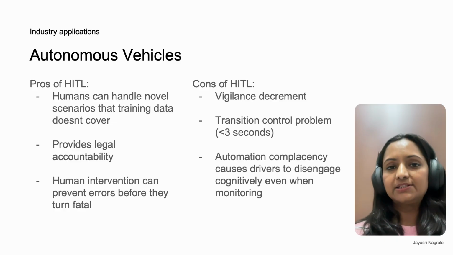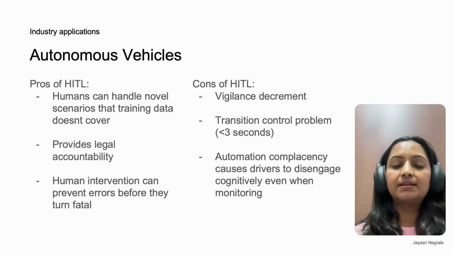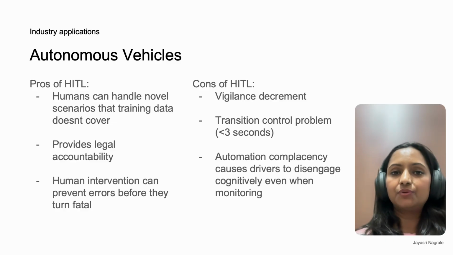The second problem is the transition control. Let's say that AI is driving, and there's also another research that shows that for a human to come in and fully understand what's happening, and get into that literally driver's mode, will take anywhere between 3 minutes plus and minus one.